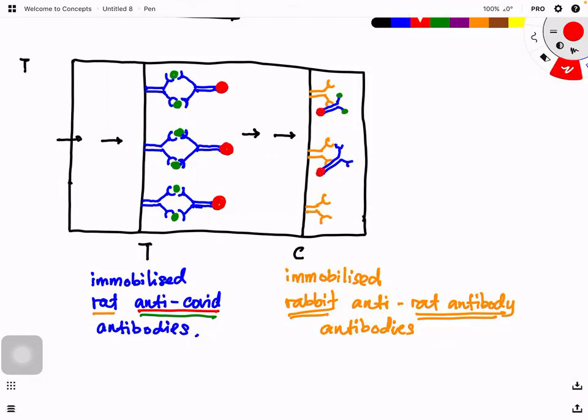So that's why at C, it will give us the second red line. Can you see that? This is positive. Two lines give us the positive. So in this case, because of the presence of the COVID antigen, it is COVID positive.